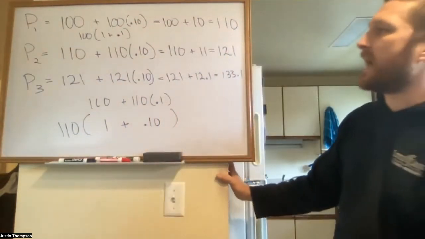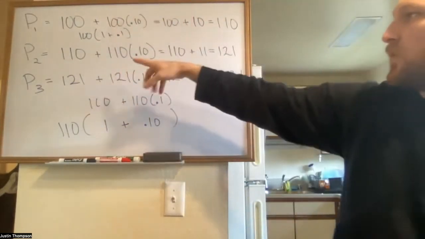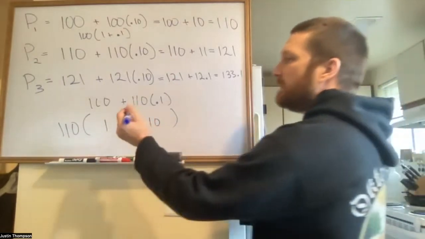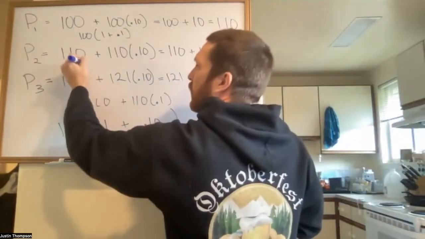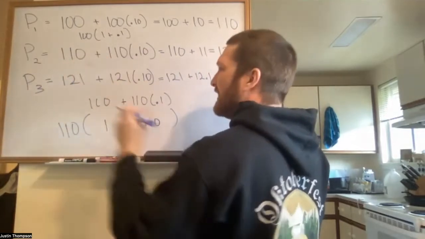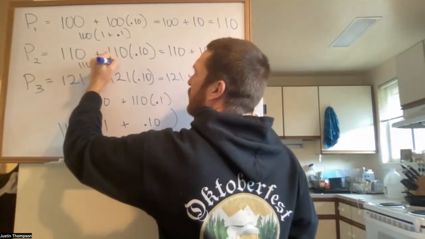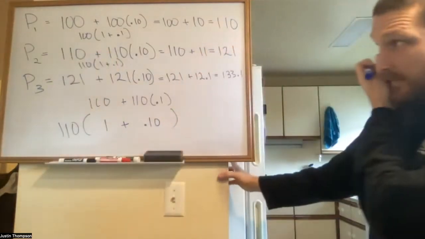Okay, so let's look at that. So in other words, what I get after 2 years would have been the same thing as 110 times 1 plus 0.1. Right there.